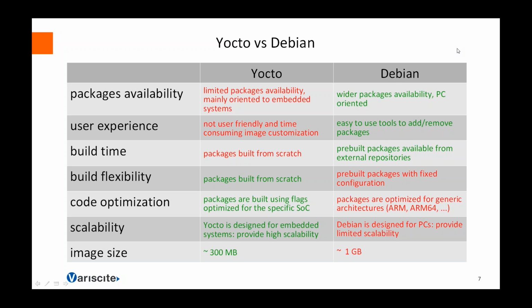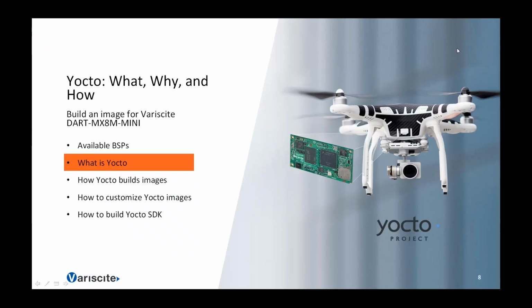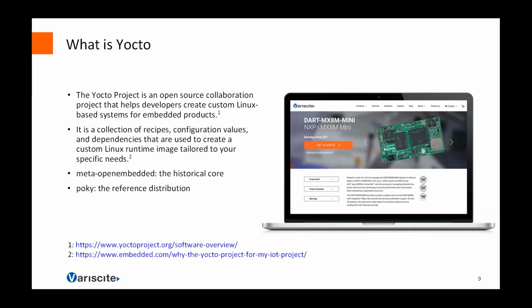So now let's proceed and start talking about what Yocto is. Yocto, in its original form, was called OpenEmbedded. It is a project born more or less 10 to 15 years ago, but this concept has remained the same.